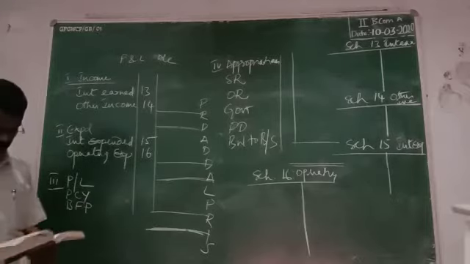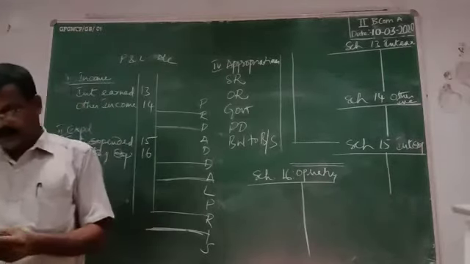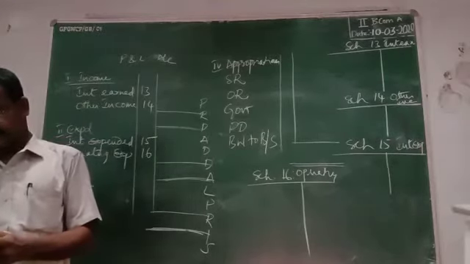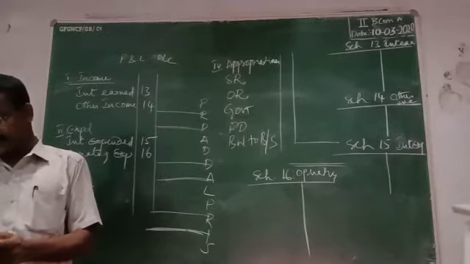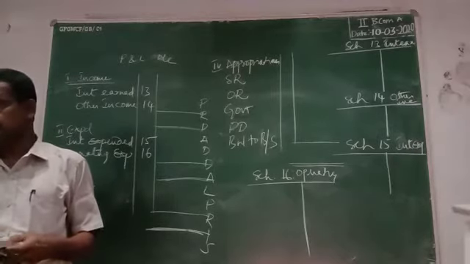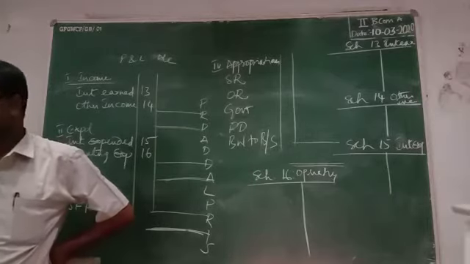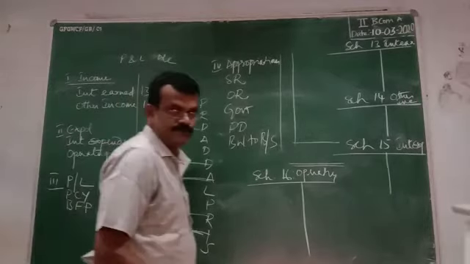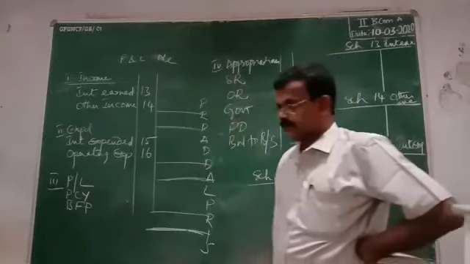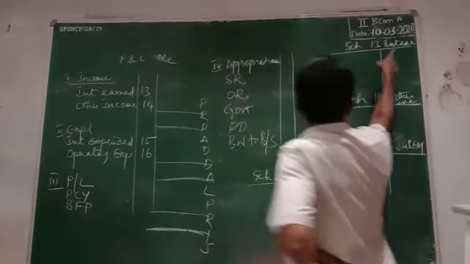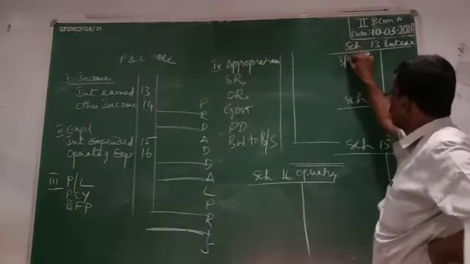So see the problem. First item, interest on loan 2,59,000. Interest on loan, is it interest expended or interest earned? Interest on loan is interest earned.